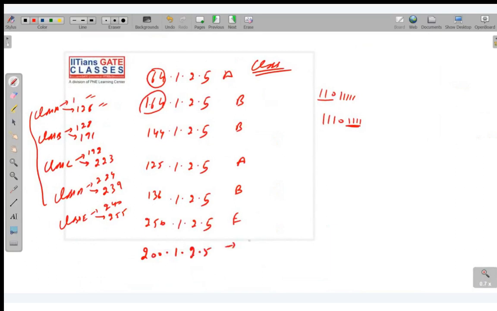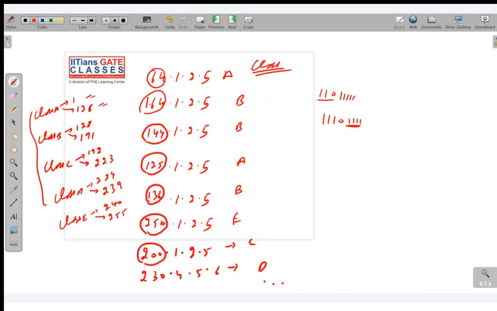So it will be class C. Okay. And then 230.4.5.6, it is of class D, and so on. Now I think it's very trivial for all of you. You can easily guess. So what you have to check? First octet of IP address. You just check the first octet, you will be able to find the class. That is very simple question.